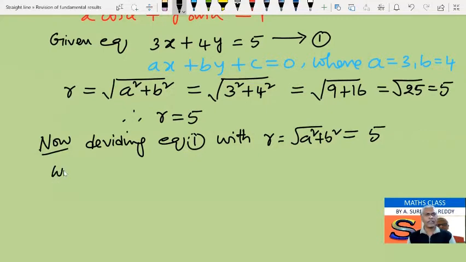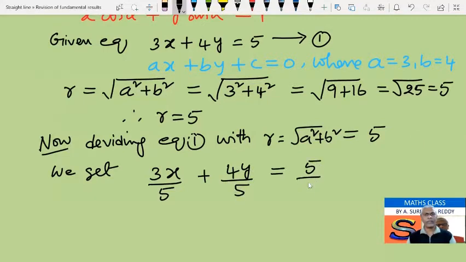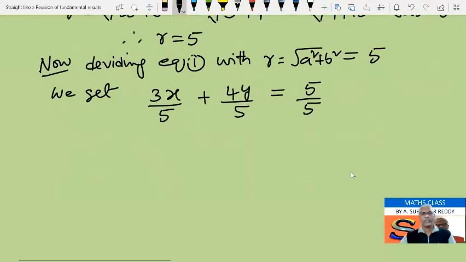Now we get 3x by 5 and 4y by 5 and 5 by 5. So we are dividing with the under root a square plus b square value. This will give the normal form.